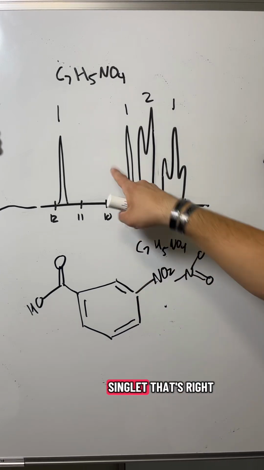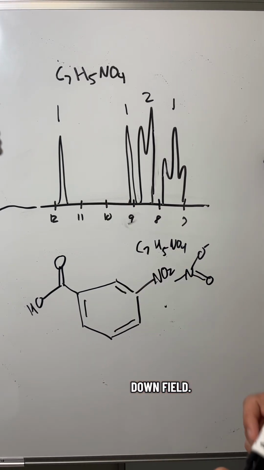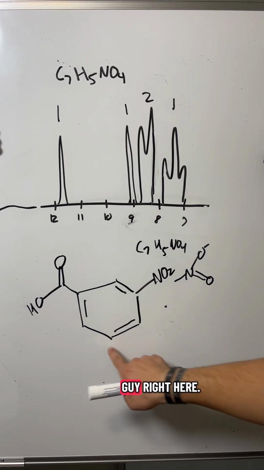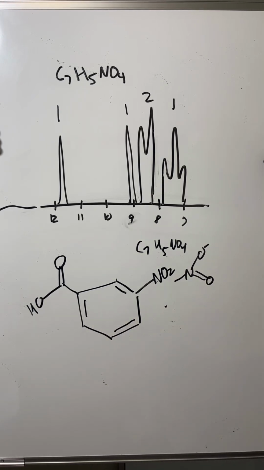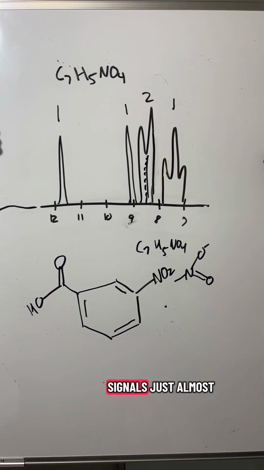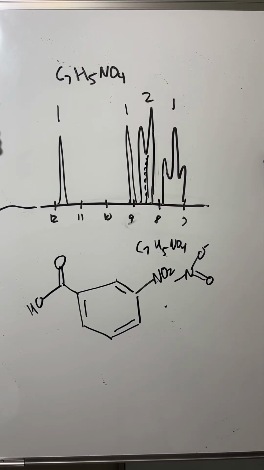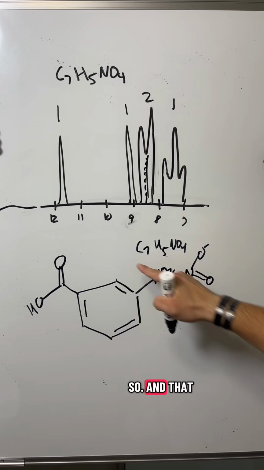Now let's see, we have our singlet, that's right down here, and it has these 2 electron withdrawing groups really throwing it downfield. We'd get a triplet from this one right here, with roughly similar J values. And then I'm really starting to think that this is actually 2 signals just almost overlapping, and that gives us that integration of 2. And that gives us our answer.